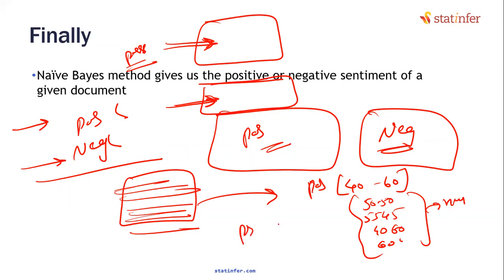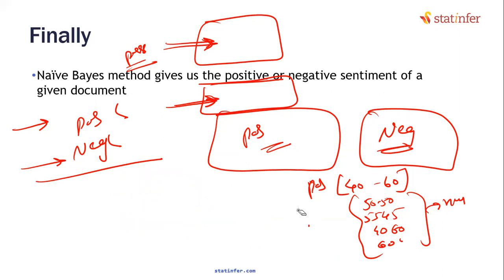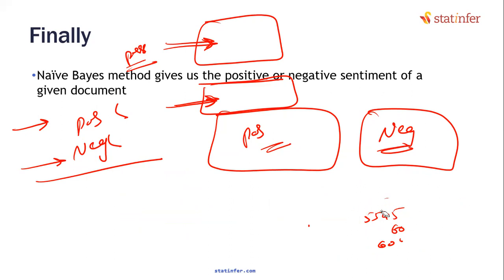If the probability of positive is 70%, then call it as positive. Probability of positive is 30%, then call it as negative. But if it is in the 50-50 range or 40-60 range, then at the time of prediction, you can call it as neutral. But while building the model, you should avoid the neutral tweets or the neutral reviews.